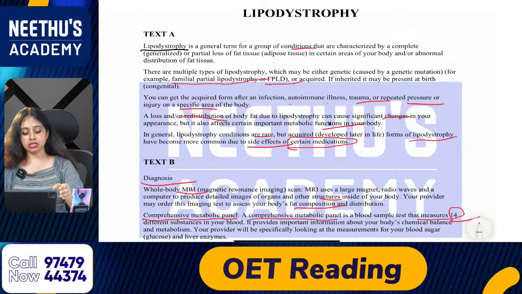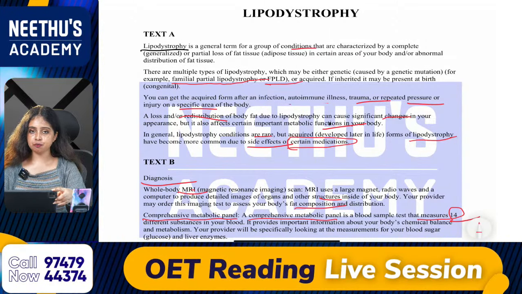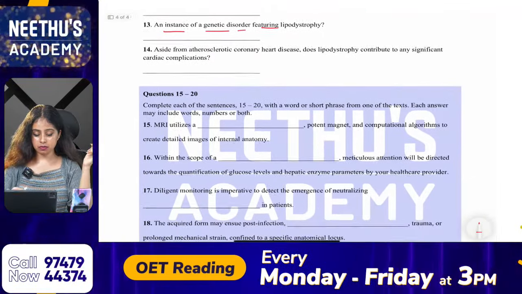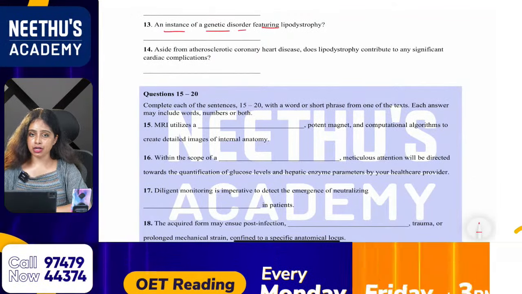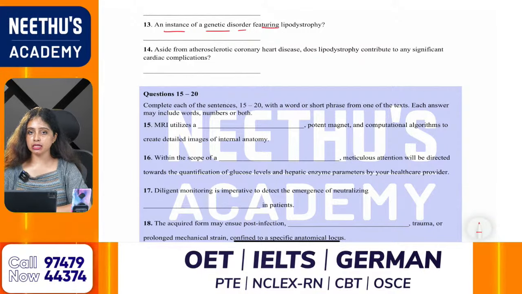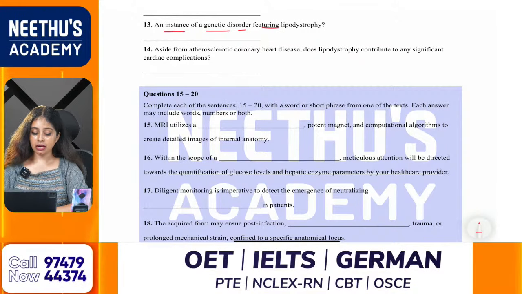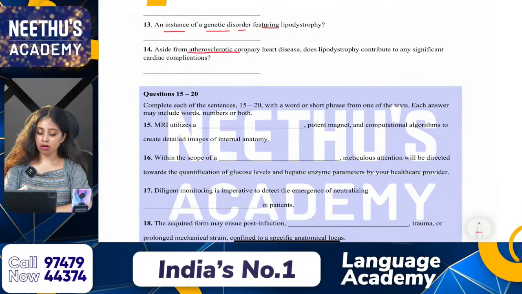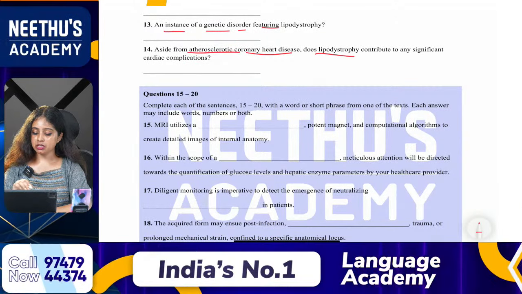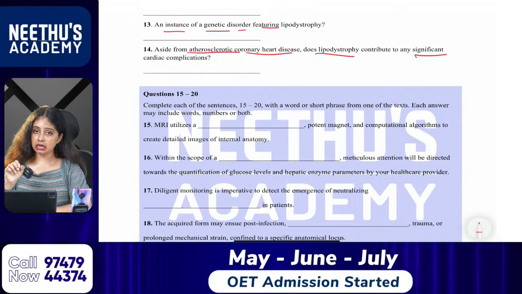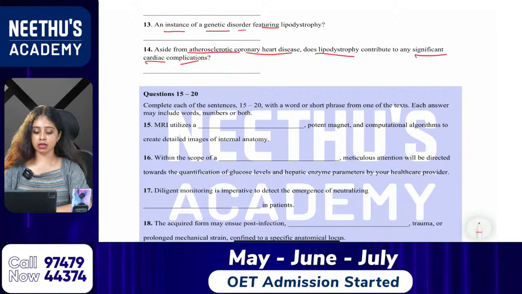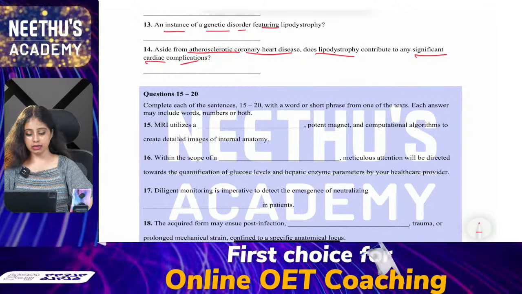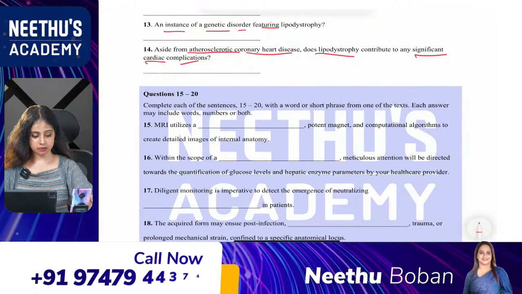That is the correct answer from text A. Then question number 14, the last question from short answer type of questions. Aside from atherosclerotic coronary heart disease, does lipodystrophy contribute to any significant cardiac complications? Okay. So, any idea, Monica, what is the correct answer? Question number 14.